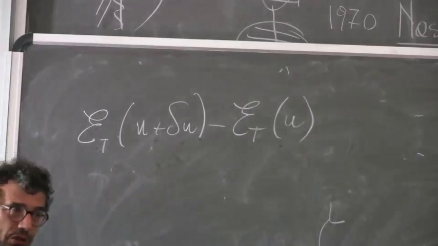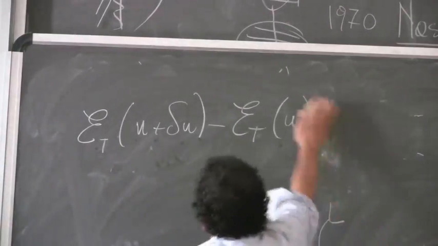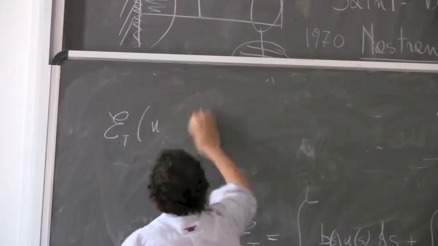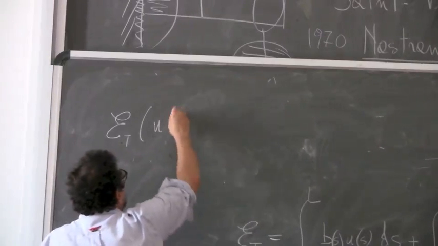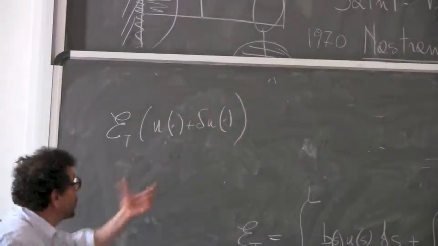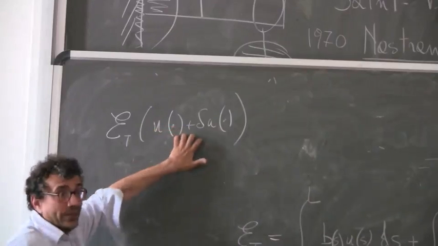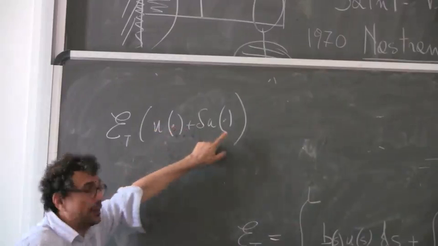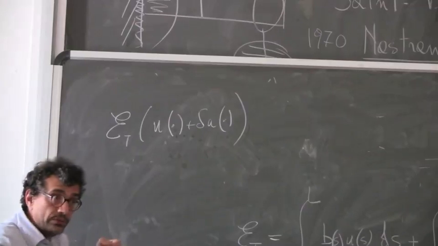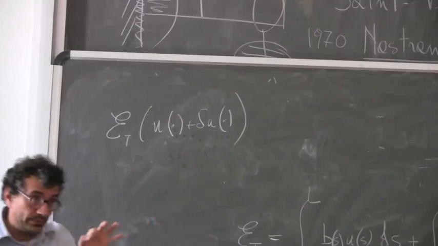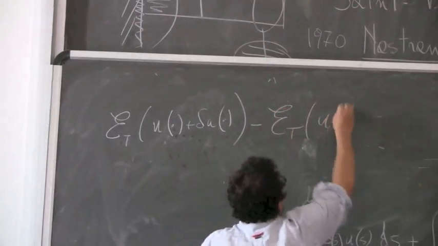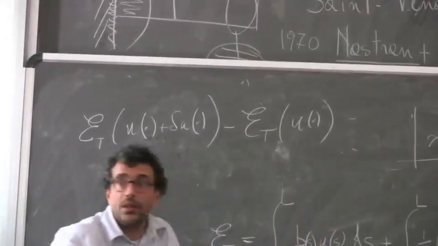This is a compact notation, I am lazy. Maybe it is better if at least one time I write it in this way. I want to say that you must consider the whole function. So this dot here is reminding you that you need to consider the whole function, not the value at one point, minus E_T of u dot.